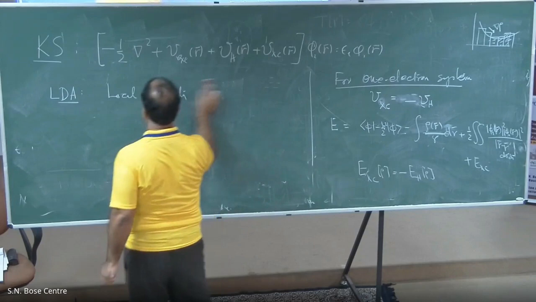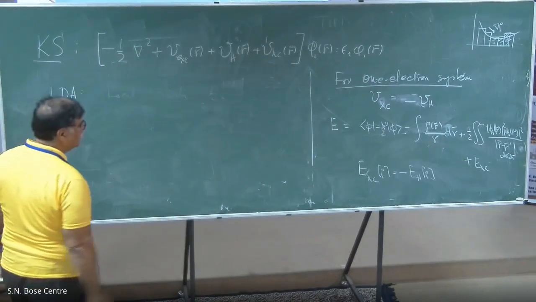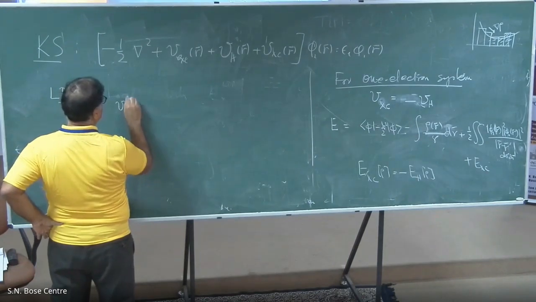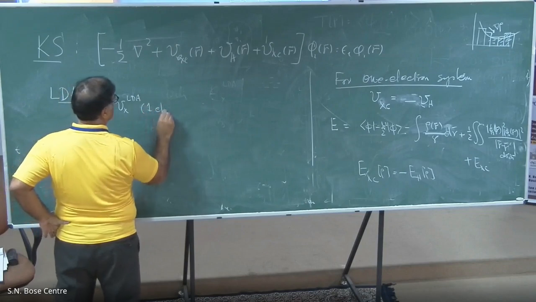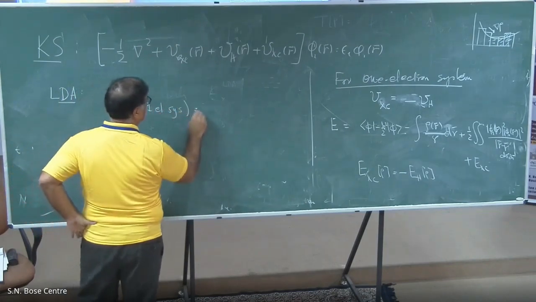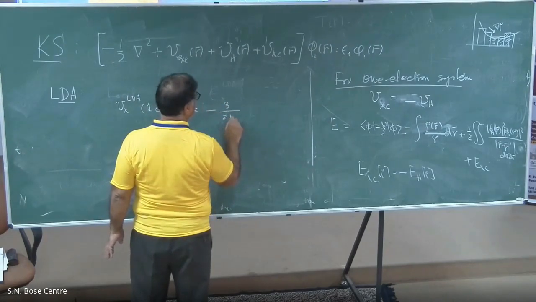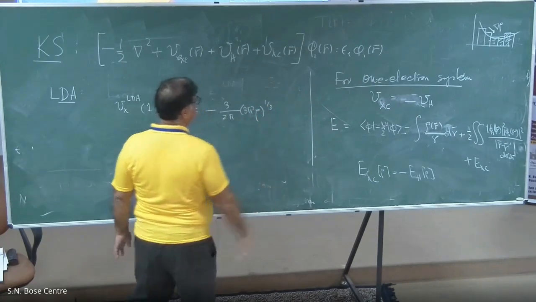If I look at V_x for one electron, this will be equal to minus 3 over 2 pi, 3 pi square rho raised to 1/3.